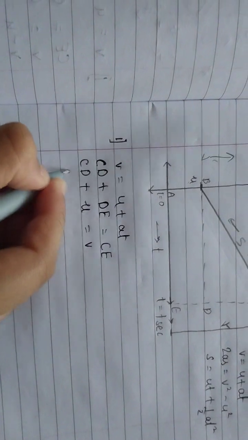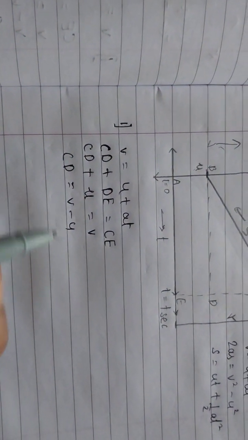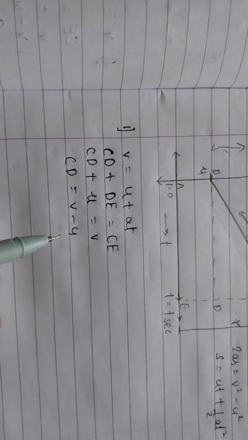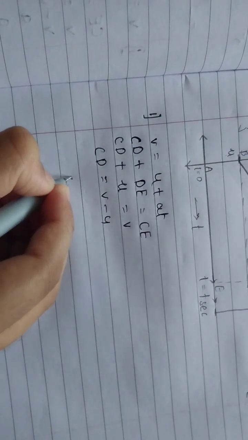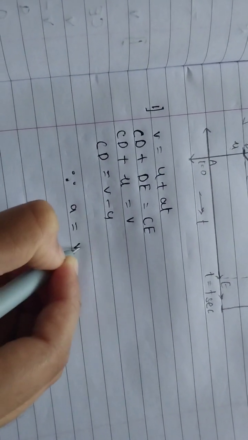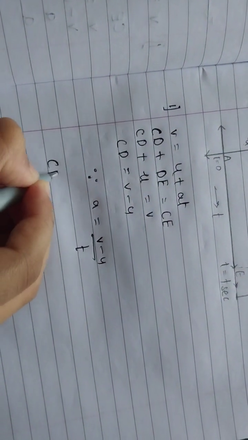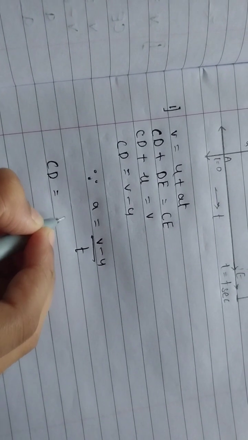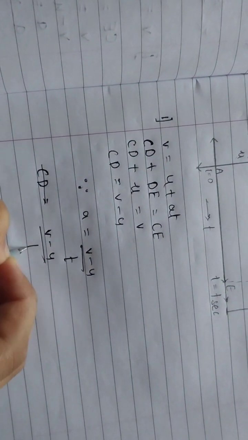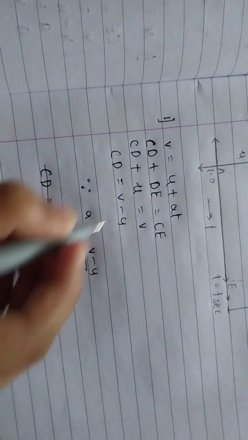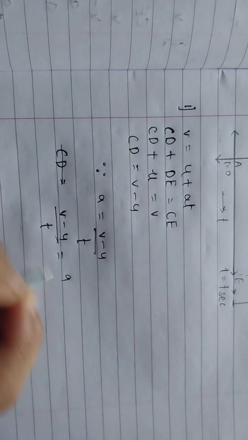Now we can say that CD is equal to v minus u, and v minus u is nothing but the change in velocity. Change in velocity is defined as acceleration, since acceleration is v minus u upon t. So CD is v minus u upon t, that is a.